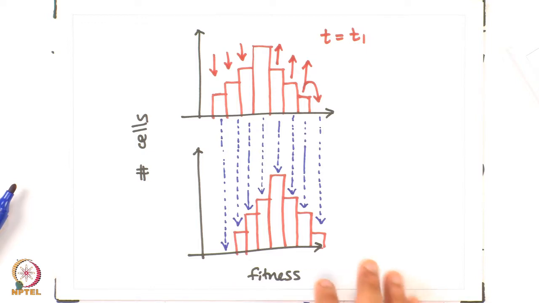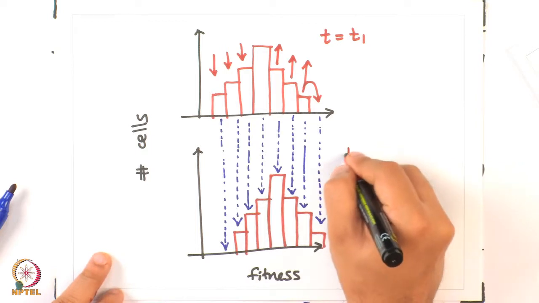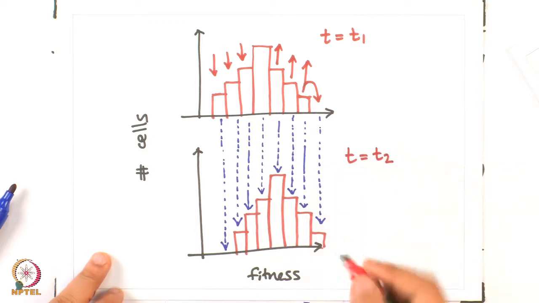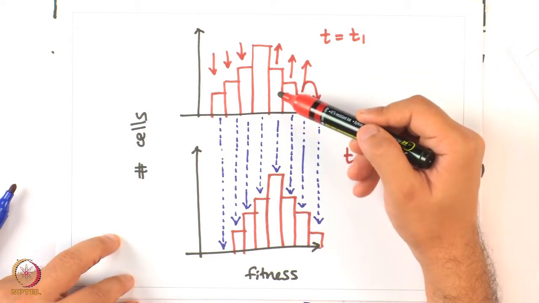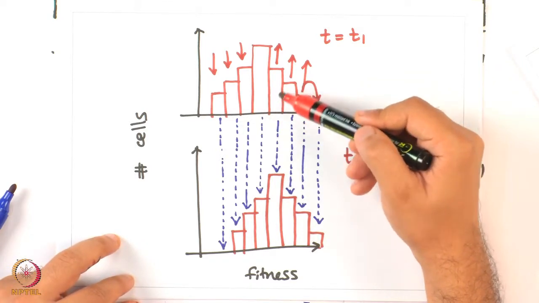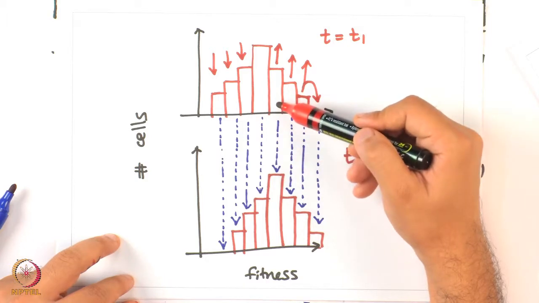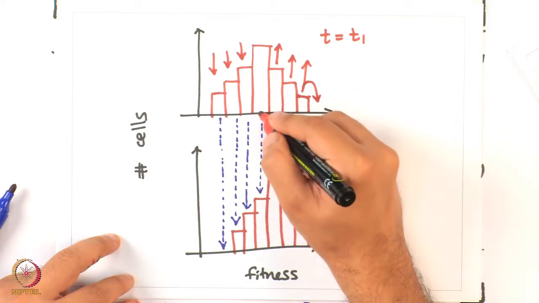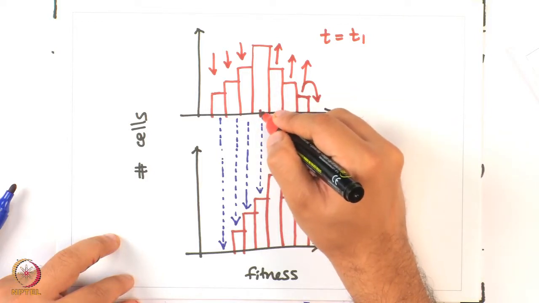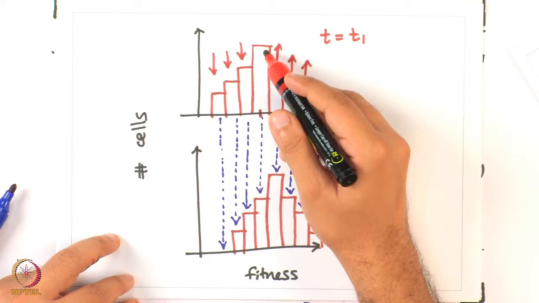If that is the case, then if I move forward in time to t equal to t2, what would have happened? Because selection is acting to increase the frequencies of these genotypes, their numbers would have gone up in time.